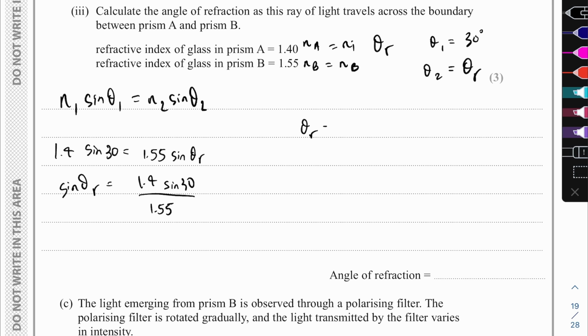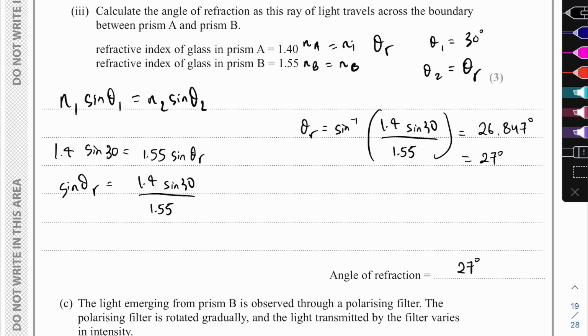So theta r will be sine inverse of this exact same thing. So we can just duplicate it instead of writing it again. So 1.4 sine 30 over 1.55, and now we take the sine inverse. It's 26.847 degrees, and the level of accuracy is usually just to 1, so let's keep it to 27 degrees. So the angle of refraction is 27 degrees.